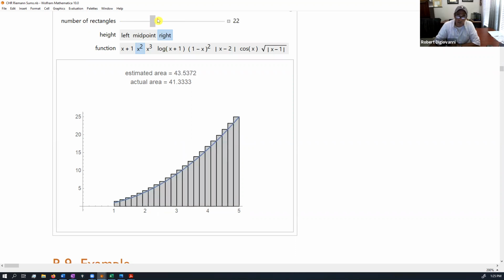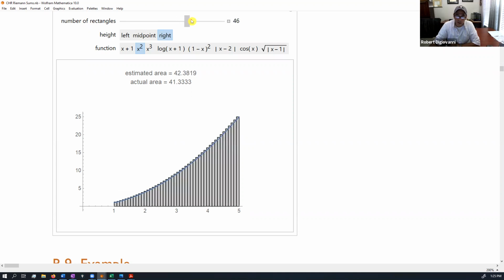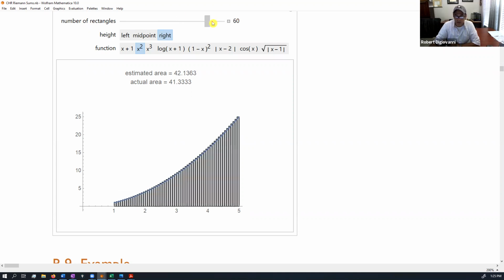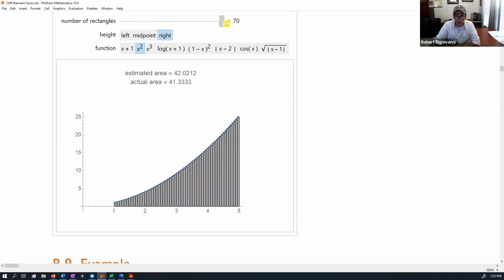More rectangles, less error. And if I could go out to, let me see, I have my computer stopping at 70 rectangles, and we're still off quite a bit, aren't we? The more rectangles, the closer we get to the true answer, right?